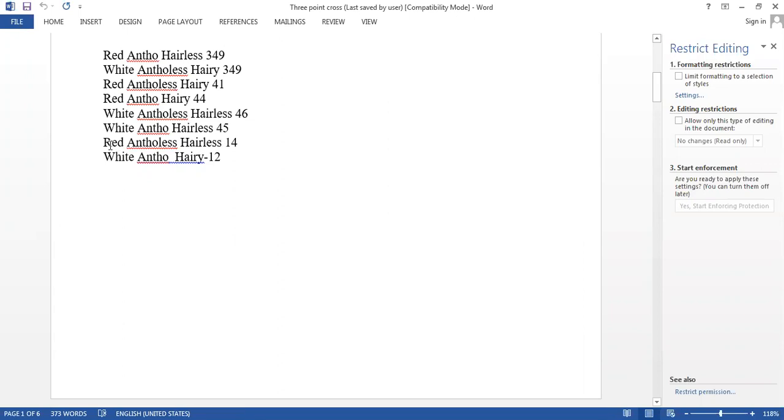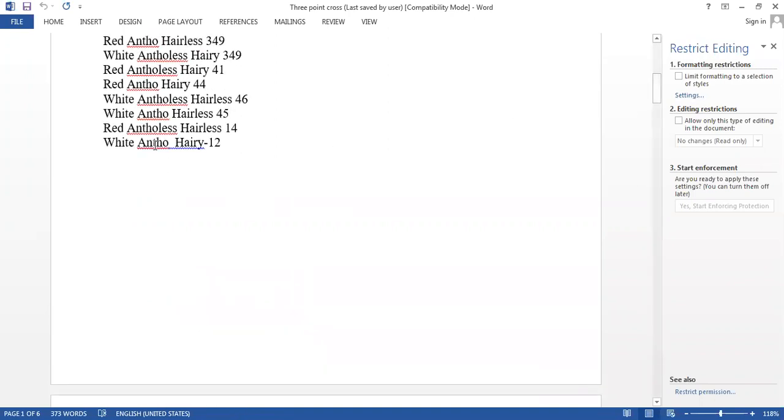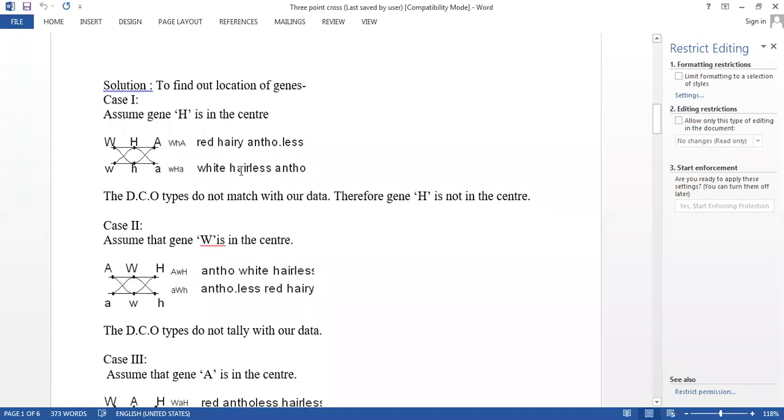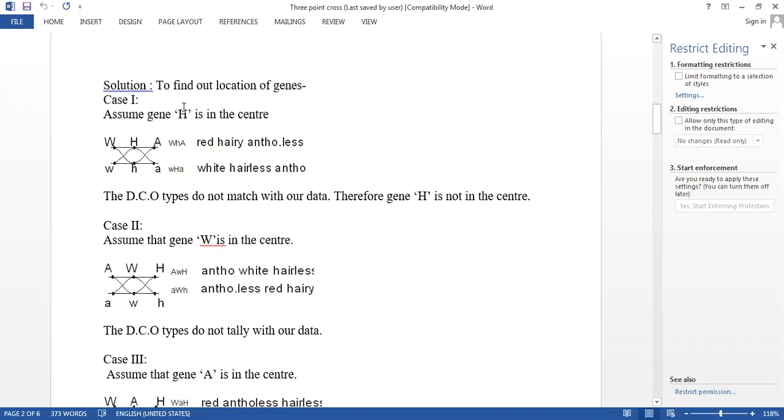Here, look at what the combination is: red with antholess and hairless is in the double crossover. Is there red with hairless here? No. What is there with red? Hairy. Similarly, look at the combination with white. What is the combination? White with anthocyanin and hairy. Here, what are you having? White and hairless. So what we have assumed is not correct. Why? The double crossover types here do not match with the double crossover types given in the data. Therefore, gene H is not in the center.